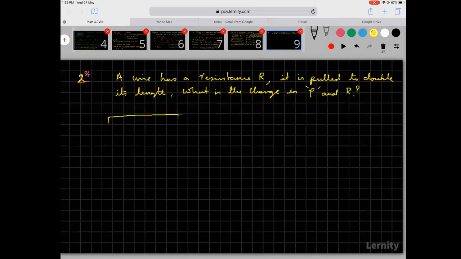I have a wire. This has a length L. It has a resistance R. I have pulled it and I made it double the length. I am asking you what is the new resistivity and the new R. Take 1 minute and work on it. What is the new resistivity and what is the new R?